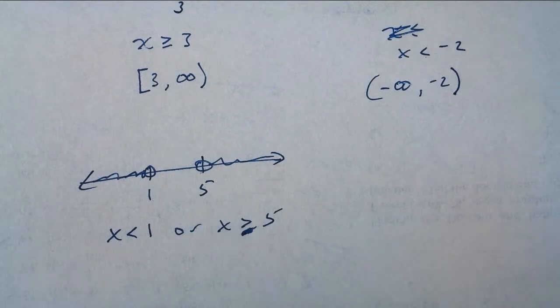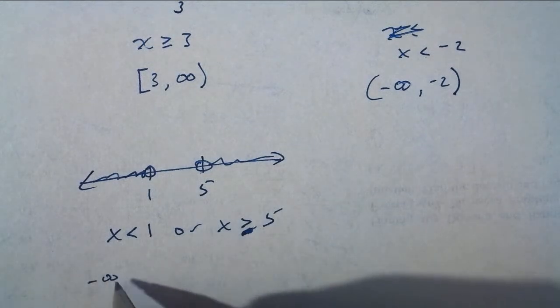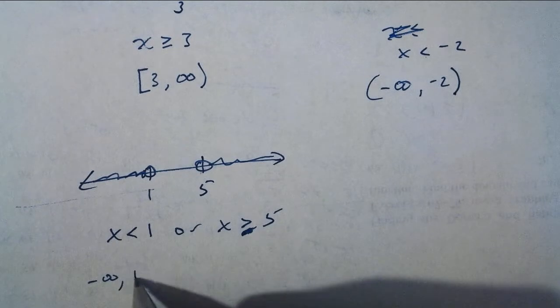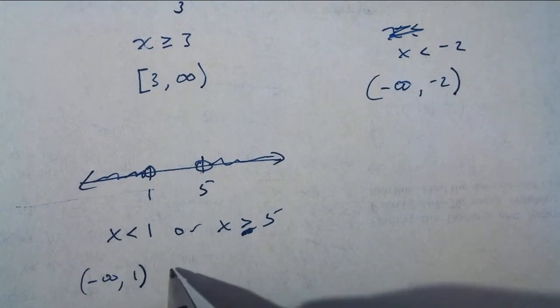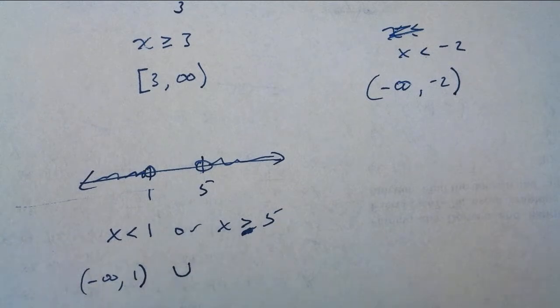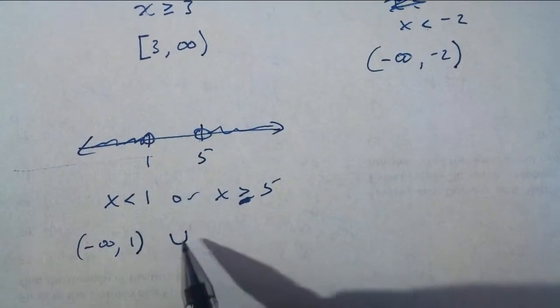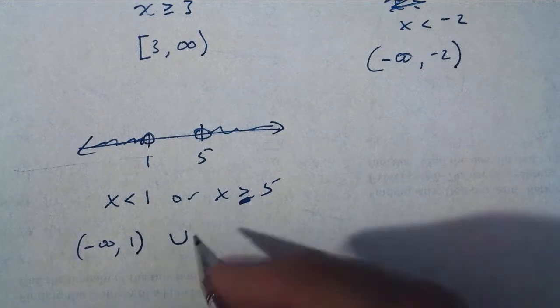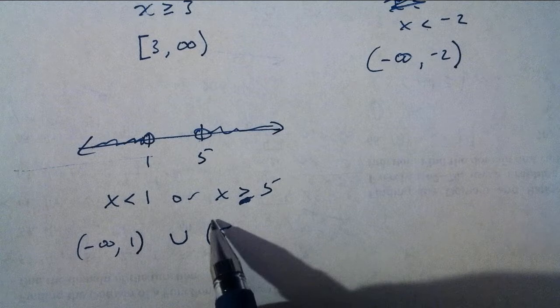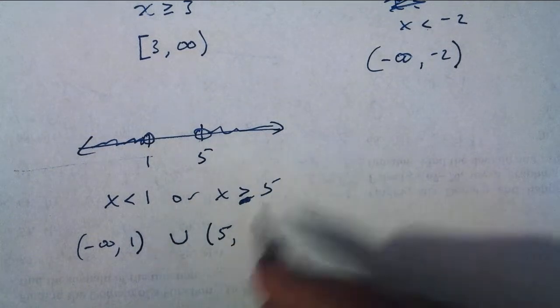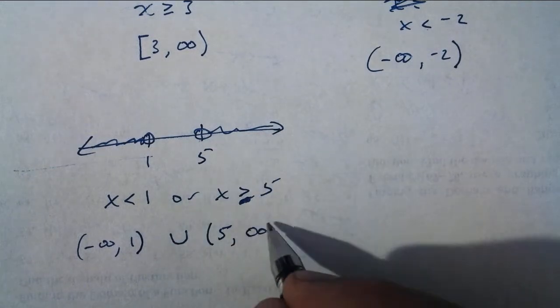In interval notation, we would say negative infinity until we get over to 1, not including 1, or a union symbol, but we don't put the stem on the U. It looks just like that. Or start again at 5, but don't include 5, and go until we get to infinity.